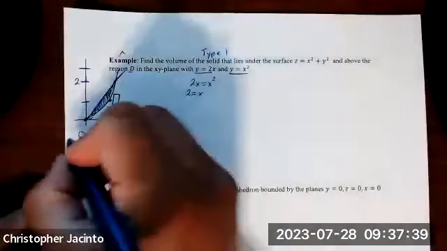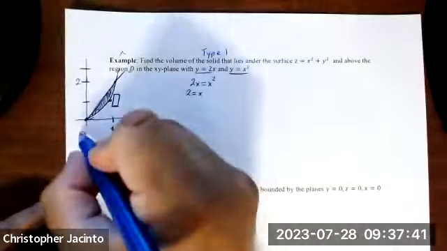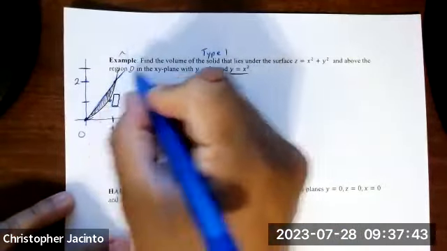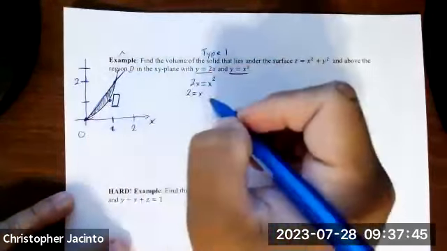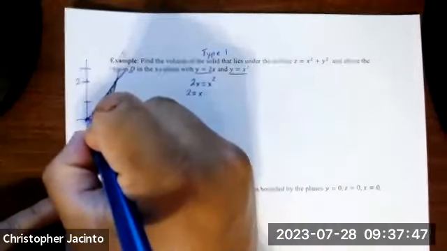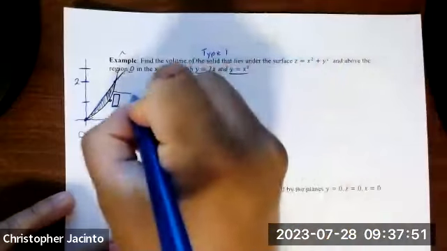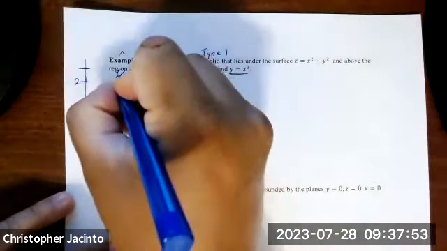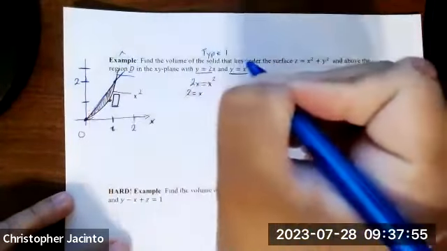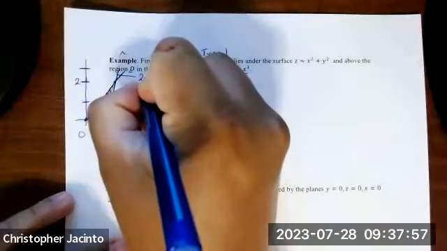So therefore, we have our bounds. So x goes from 0 to 2. My picture's a little off. And then y goes from lower to upper. So the lower is going to be x squared, and then the upper is going to be 2x.